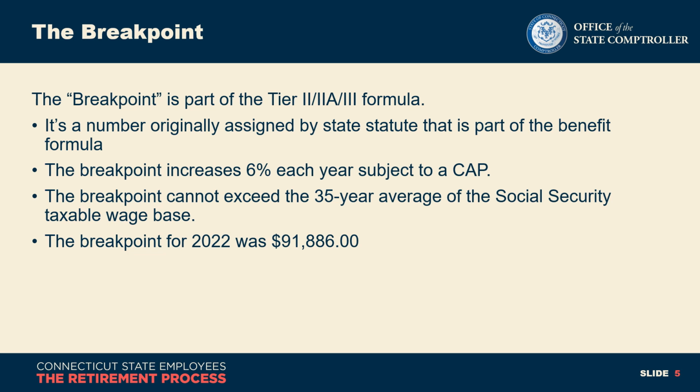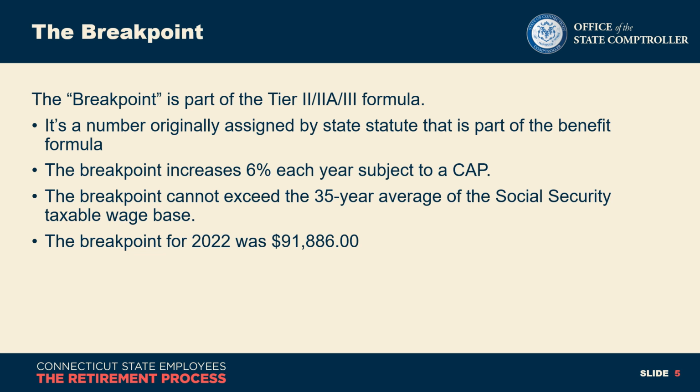The breakpoint is a number determined by law. Under retirement plan provisions, the breakpoint automatically increases 6% each year. However, it is subject to a cap. Each year, as the breakpoint increases, the final amount cannot exceed the 35-year average of the Social Security taxable wage base.